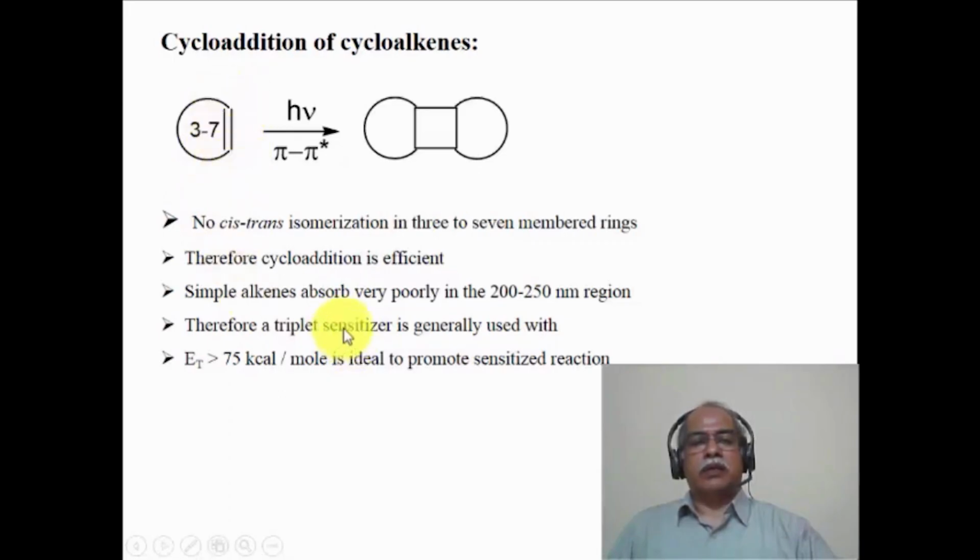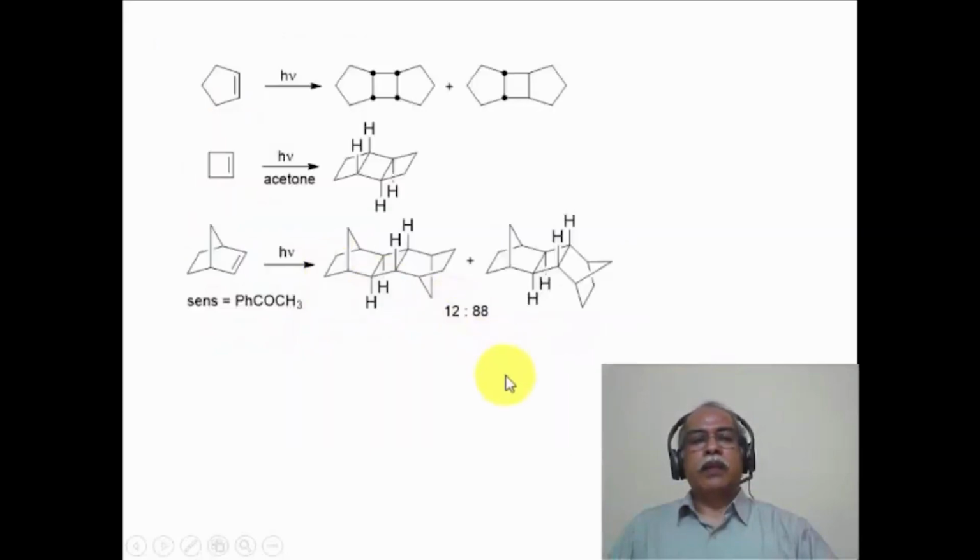So it helps to transfer the energy from one molecule to another molecule to make them go to the excited state. That is accomplished using a triplet sensitizer, provided the triplet sensitizer has a higher energy than the triplet state of this particular molecule. These are examples of simple olefinic systems undergoing 2+2 cycloaddition reactions.